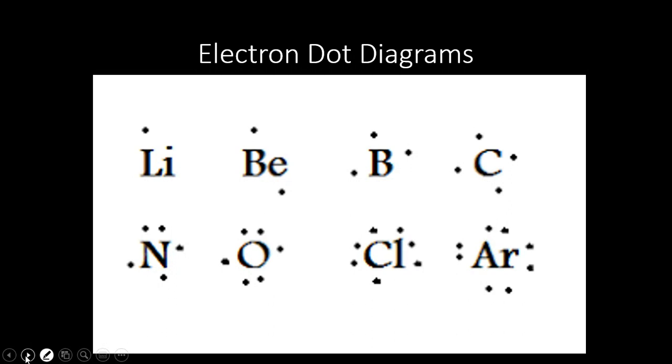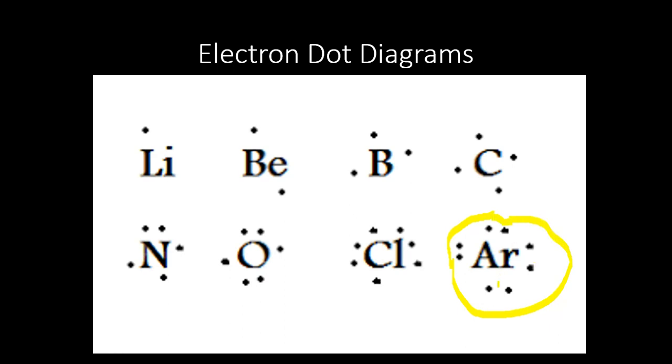This is important too. We're talking about the valence electrons and not all of the electrons. So if you remember the octet rule, which says that most atoms want to get to 8 valence electrons in order to be stable. So you will never have more than 8 dots, and these dots are the valence electrons. These dots represent the valence electrons.